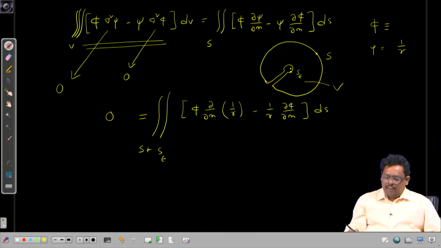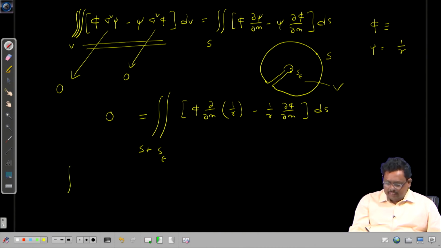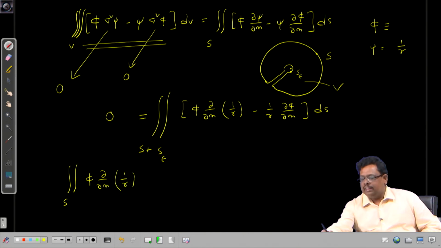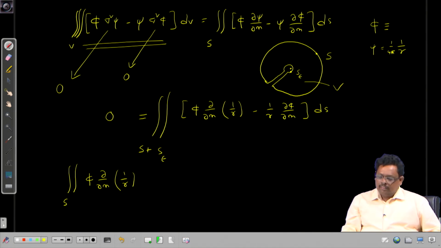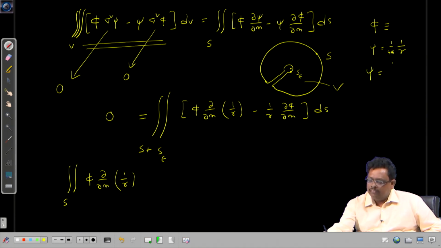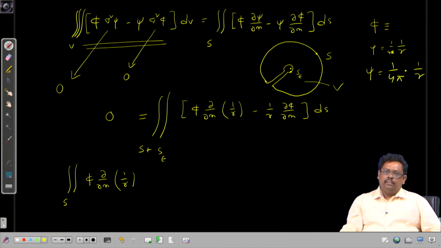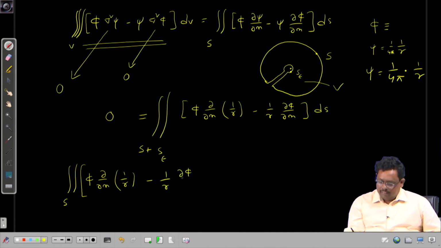And then what I could get is, let us take, instead of 1 upon r, 1 upon 4 pi r. So, I just take psi equal to 1 upon 4 pi r, and so this is phi into del n of that, minus 1 upon r del phi del n.